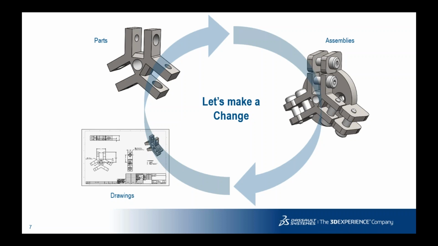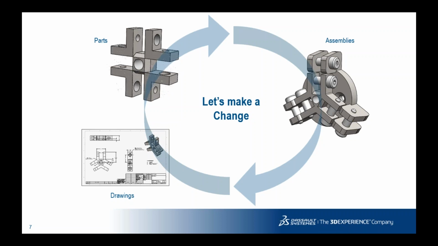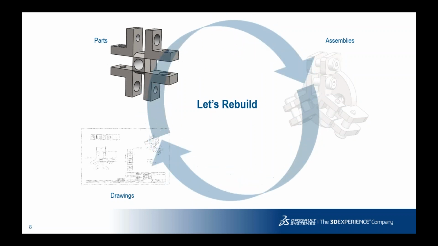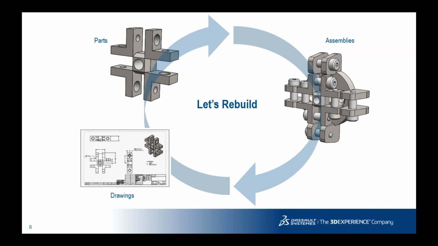So what happens when we make a change to one of these different types? Let's come in and let's make a change to our part. And when we do that and we rebuild, what you're going to see is that all of the assemblies and the drawings that reference this part automatically get updated. This guarantees that you as engineers or you as consumers of engineering data always have the most current and up-to-date version of your parts.